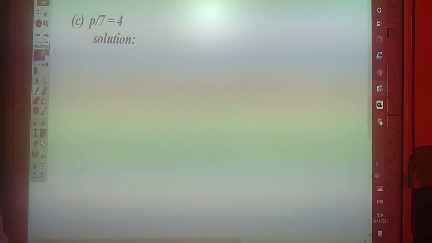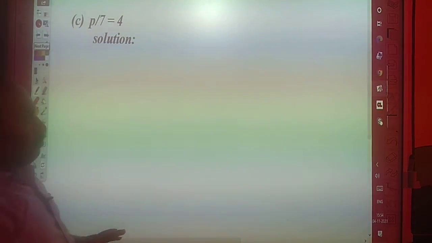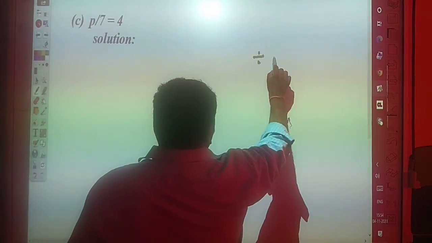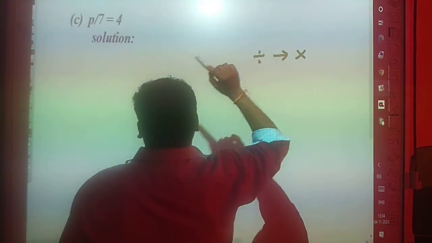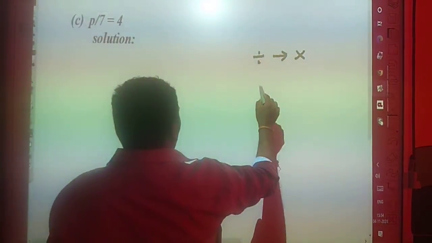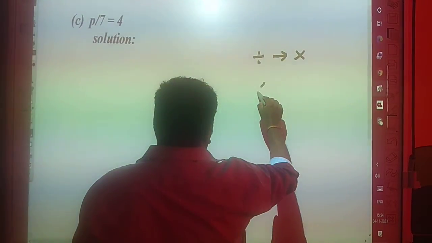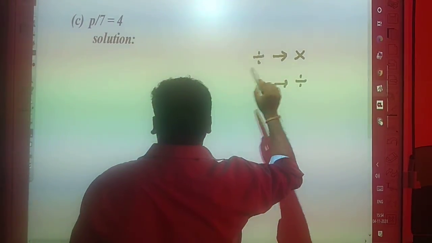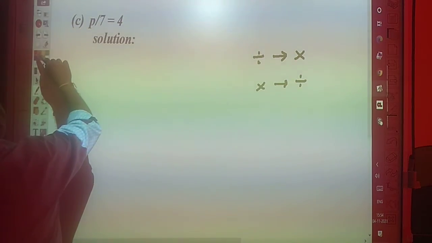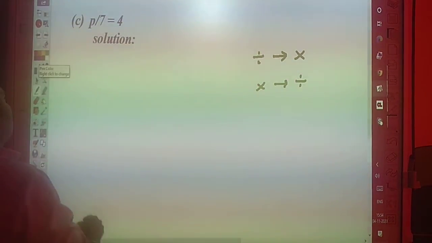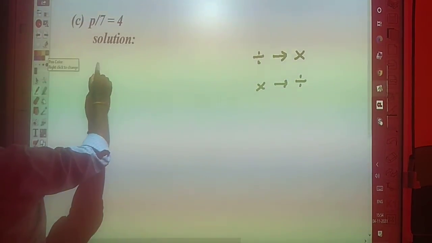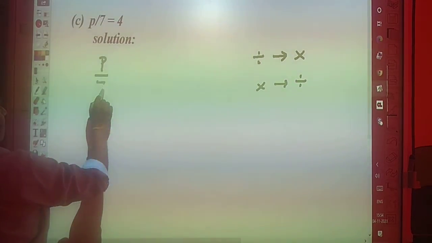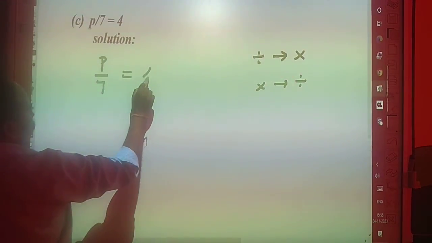Then C part, P divided by 7 is equal to 4. Divide means multiply. Our equation is P divided by 7 is equal to 4.